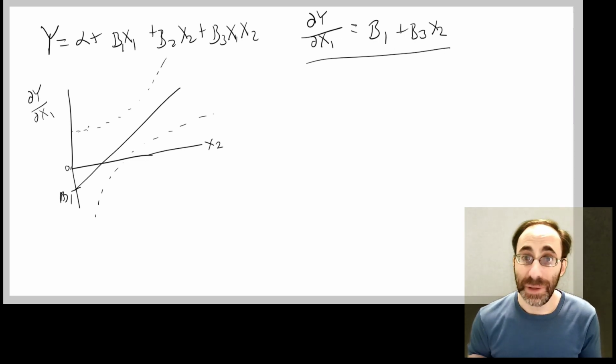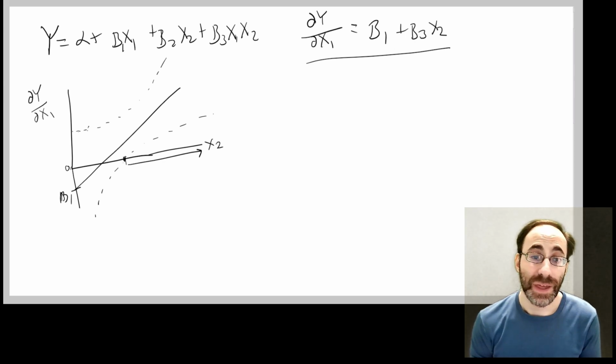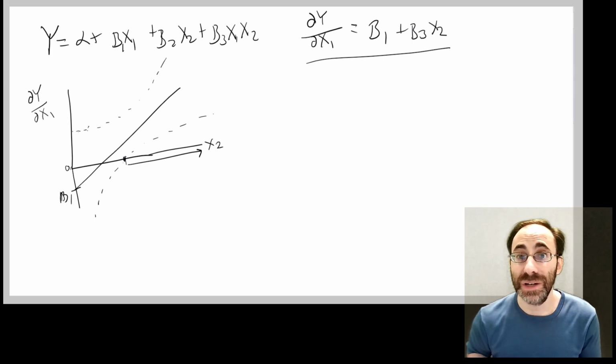So what we see here is that my ability to reject the null hypothesis depends on the value of x2. This is the cutoff, where the confidence bounds cross 0. To the right of that cutoff, the confidence bounds are always above 0. So I know with 95% certainty that I can reject the null hypothesis that x1 has no effect on y, and instead posit a positive effect, that they seem to be positively correlated at the 95% confidence level.